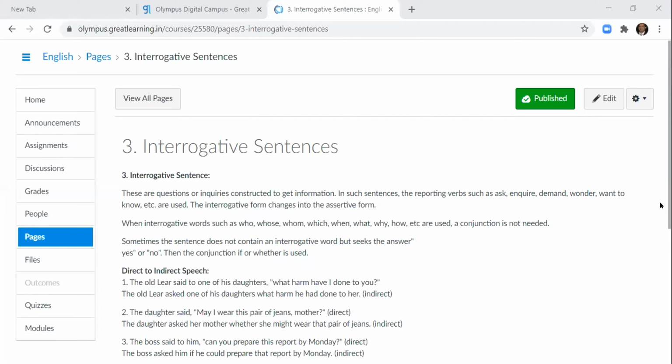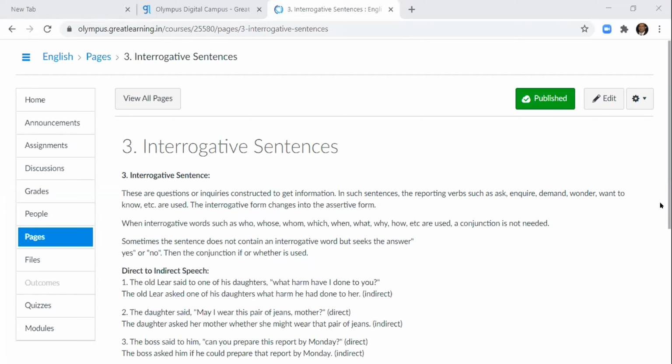These are questions or inquiries constructed to get information. In such sentences, the reporting verbs such as ask, inquire, demand, wonder, want to know, etc. are used. The interrogative form changes into assertive form.